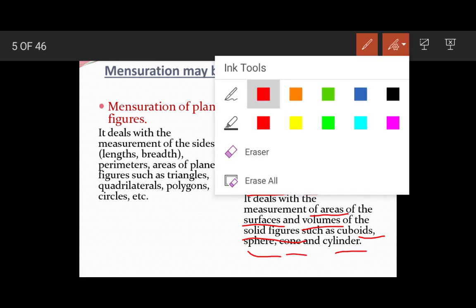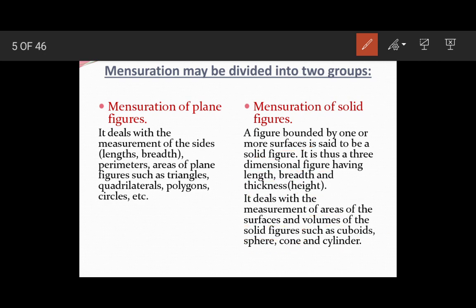Mensuration for plane figures means we are dealing with length, breadth, area, perimeter. Mensuration for solid figures means we are dealing with length, breadth, height, then area and volume.